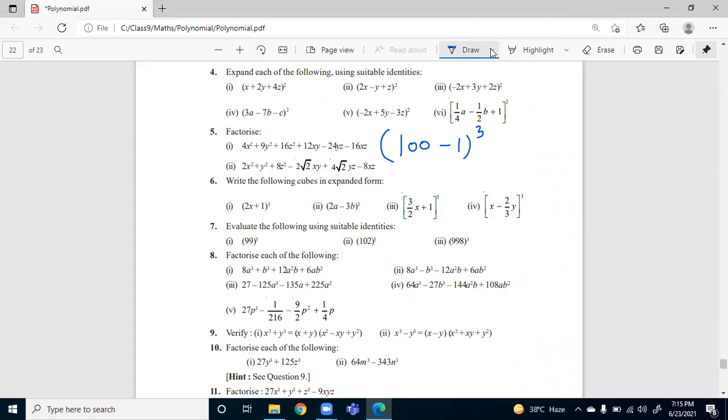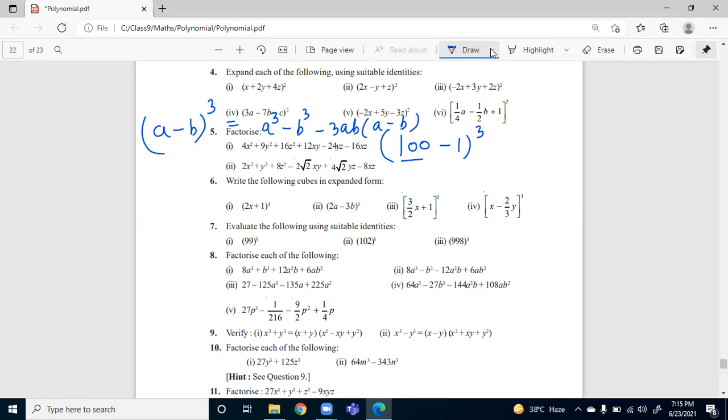So I can apply the identity a minus b whole cube. So what is that identity? It is a cube minus b cube minus 3ab a minus b.